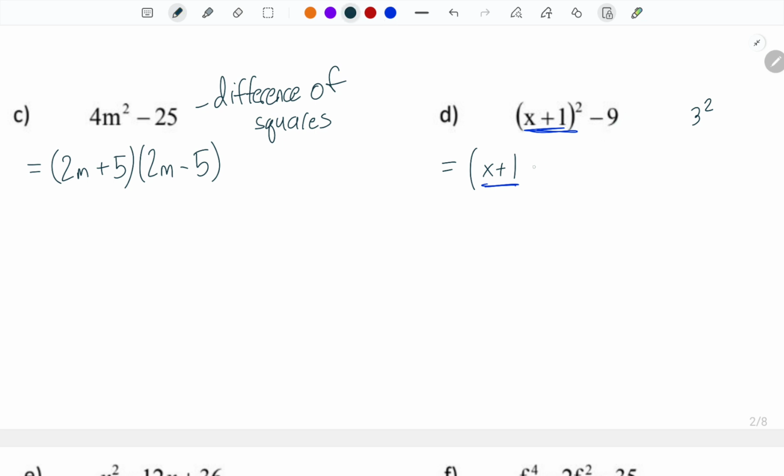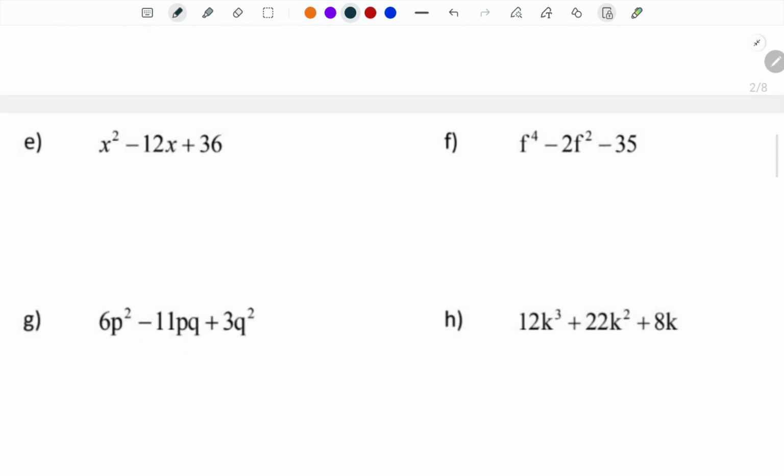Then 9, the square root of that is 3. So we can add 3 like that. And then do x plus 1, the first part, subtract the 3. We can simplify this a little bit more. We can do this as x plus 4 and x minus 2. So there we've got it. We factored that difference of squares.